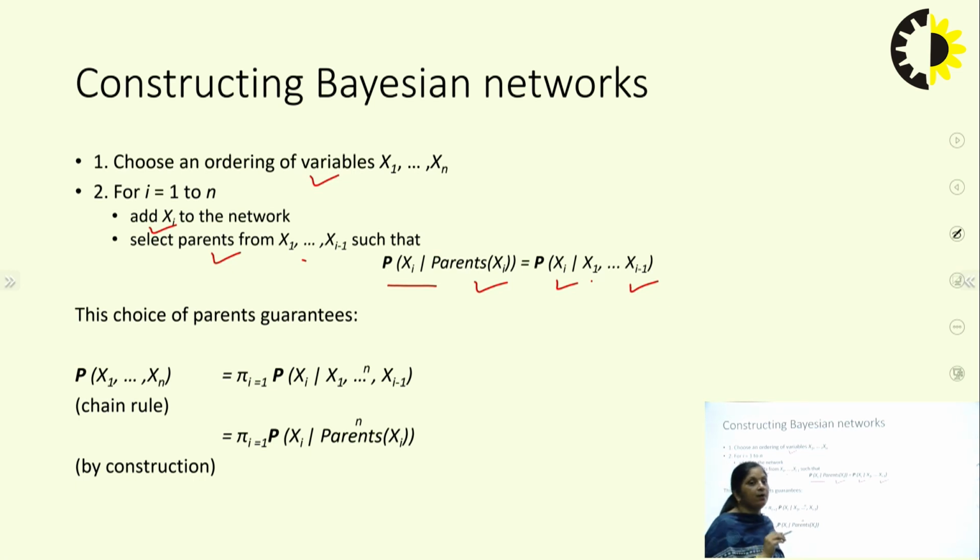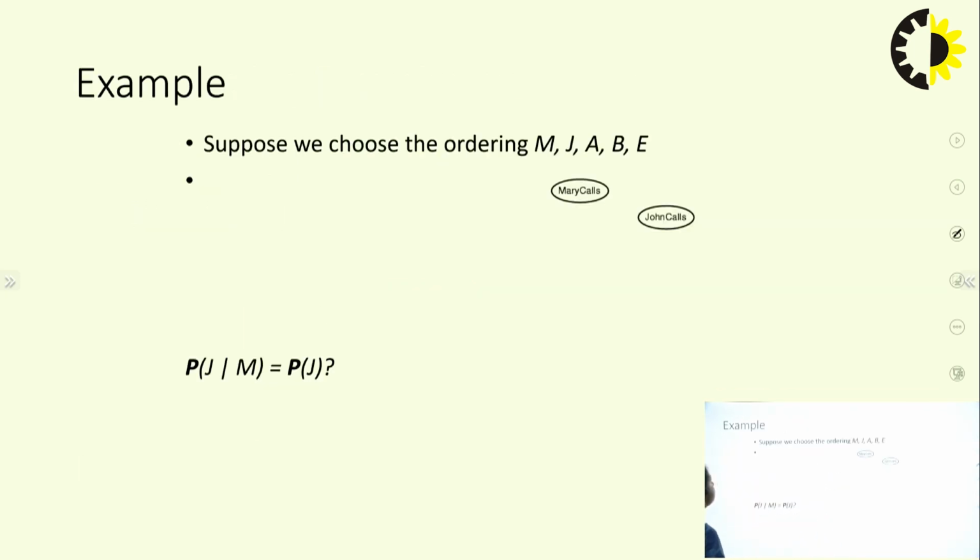Now what is important here? When we are choosing the ordering of variables, that is very important. If we take it in such a form that one is not causing the other, then it will result in a correct network, but not the most compact. That we can understand with this order.